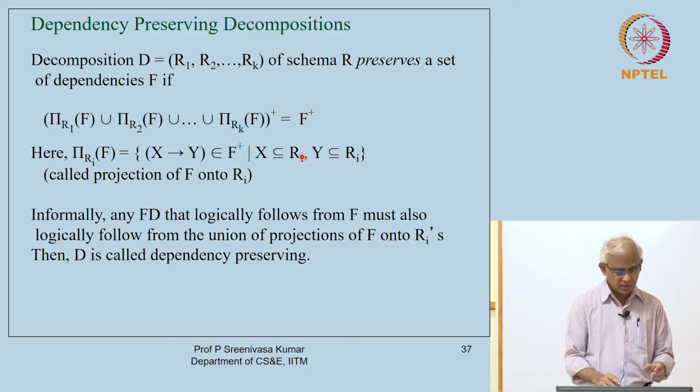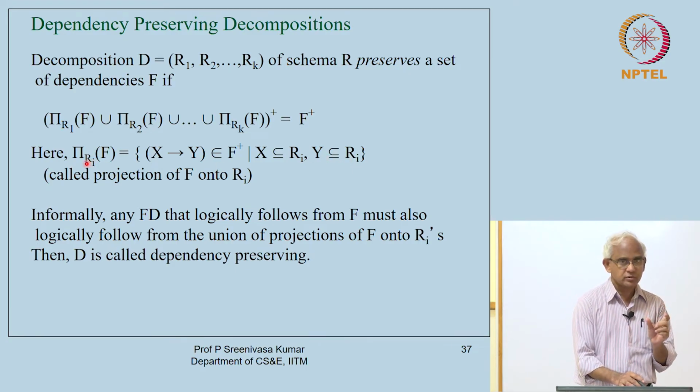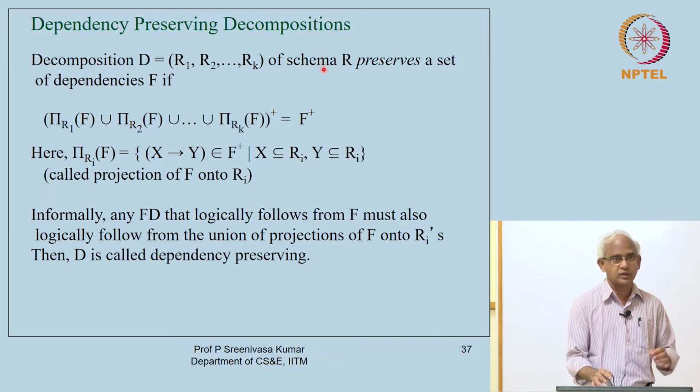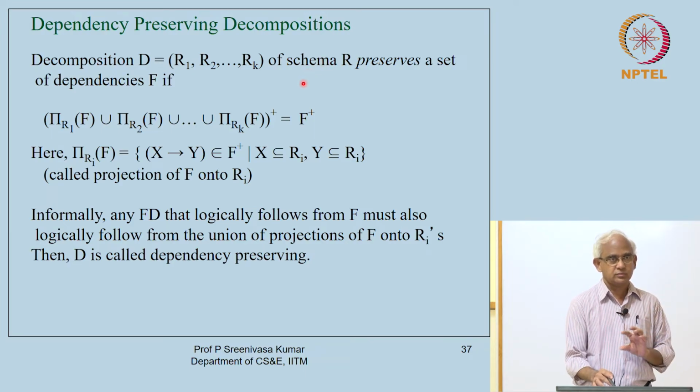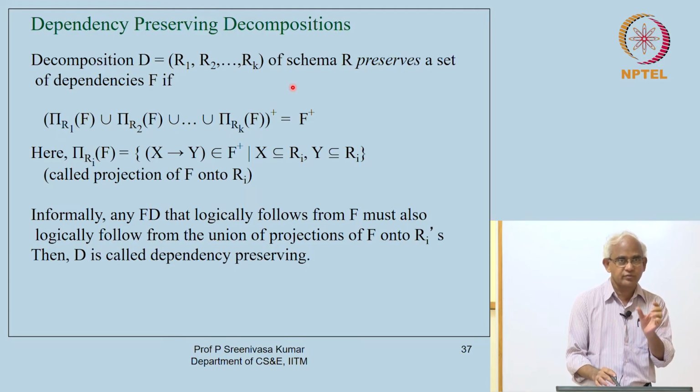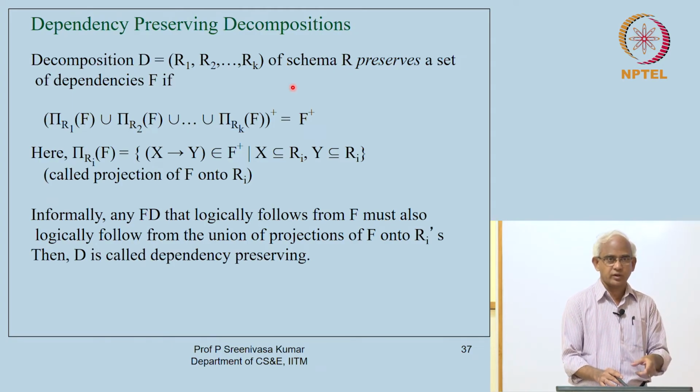Ri is a bunch of attributes, a subset of the attributes of R. So, when you take the set of all functional dependencies that are supposed to hold on the original scheme R, that is the F closure, it makes sense to take those FDs in that closure which contain the attributes that are there in Ri and put them separately as those applicable for Ri, and that is what we are doing here.